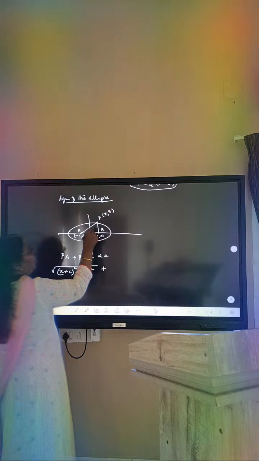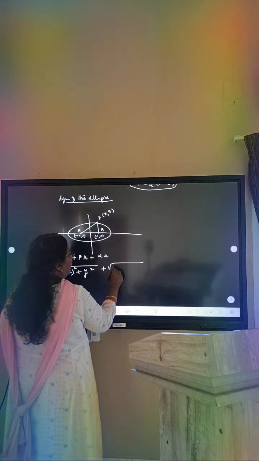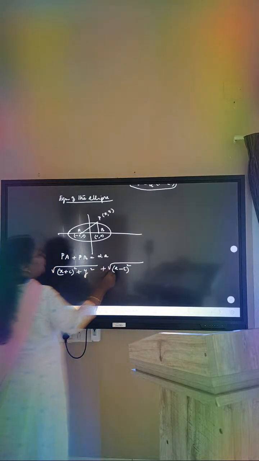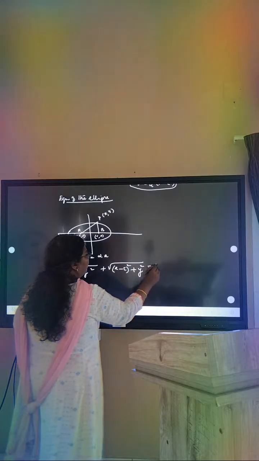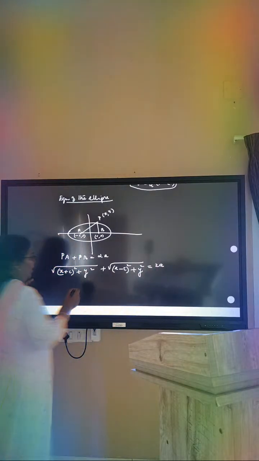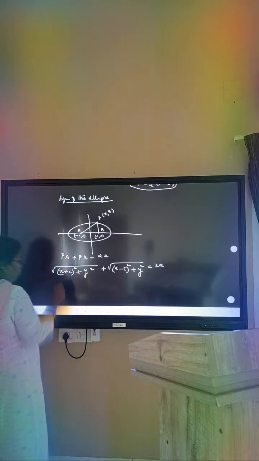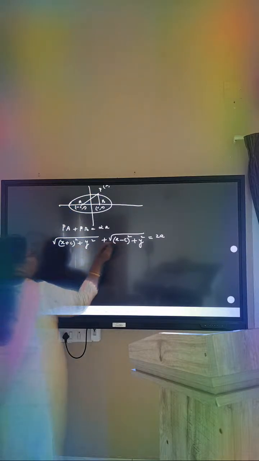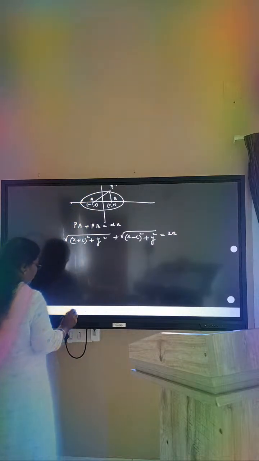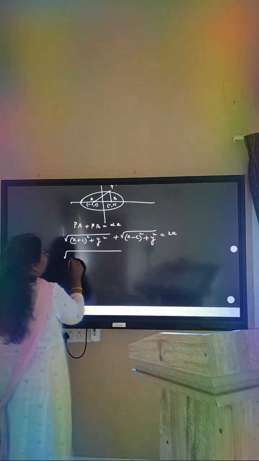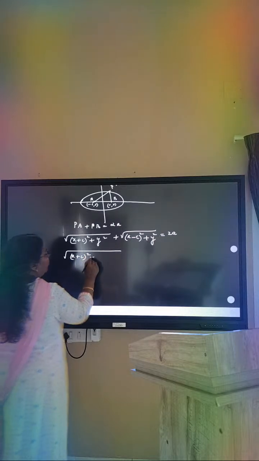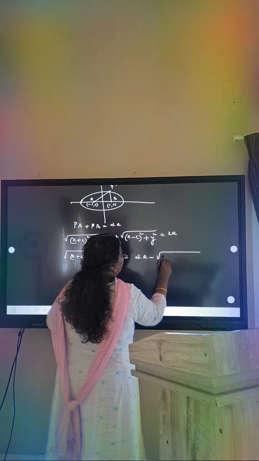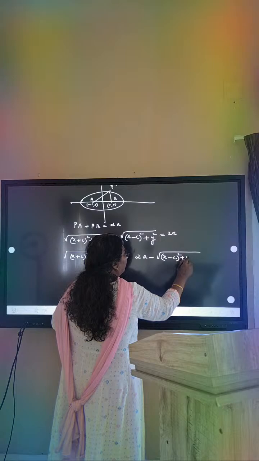And PB is the square root of (x minus c) the whole square plus y square, and that is equal to 2a. Then taking this to the other side, we get the square root of (x plus c) the whole square plus y square is equal to 2a minus the square root of (x minus c) the whole square plus y square.